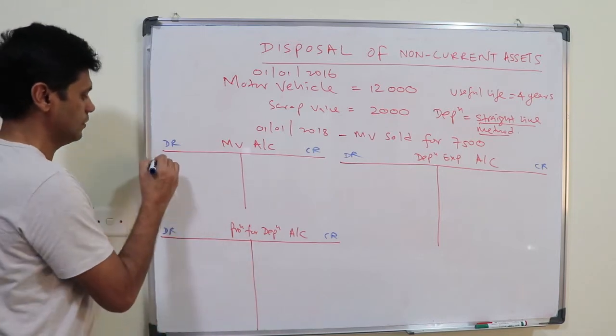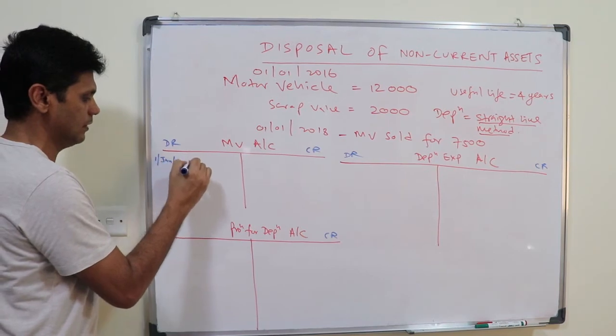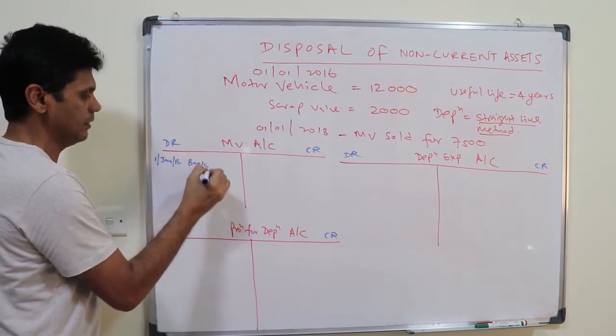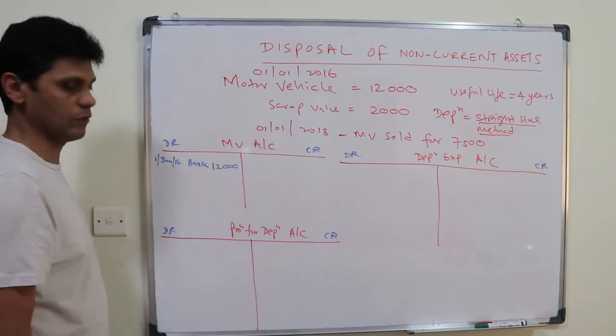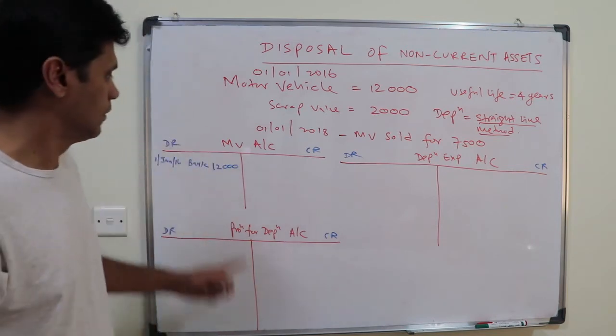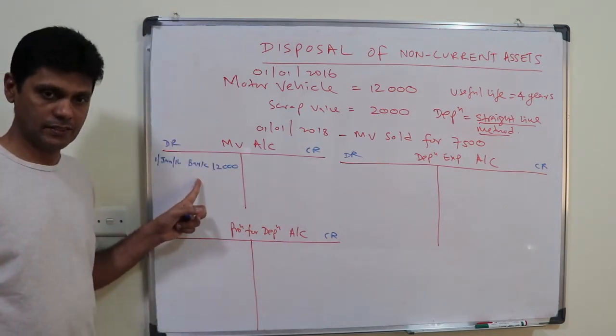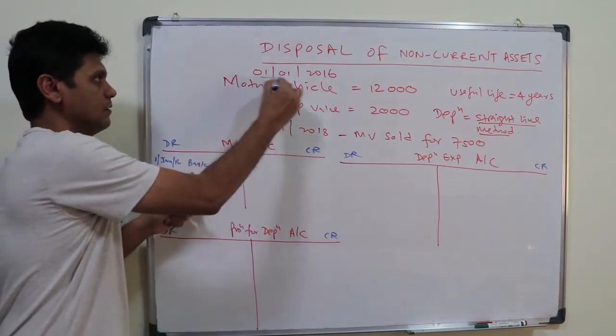So first January 2016, the bank account credited and you debit your motor vehicle account 12,000. So motor vehicle account is the asset account. 1st January 2016 you purchased.